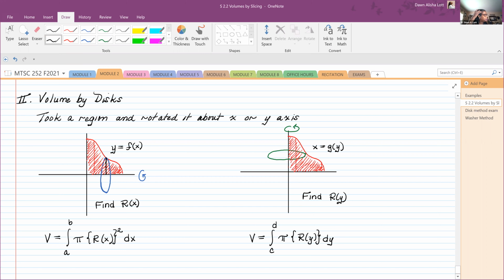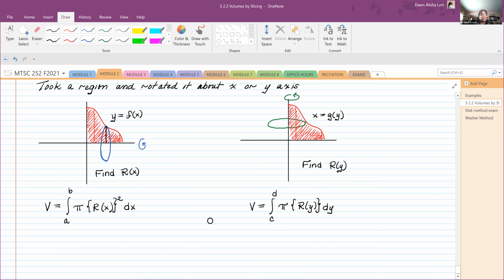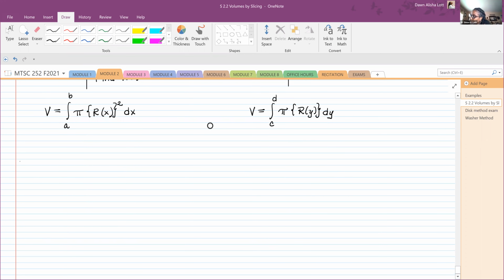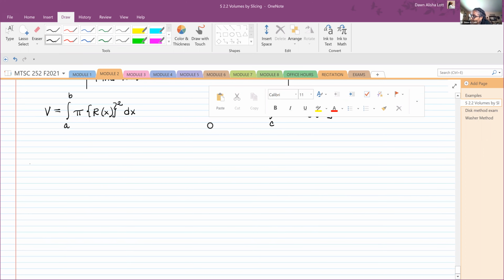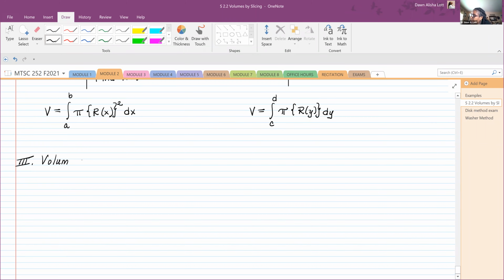So now what we're going to do today is use the washer method. So volume by washers. A washer is technically something that looks like that.